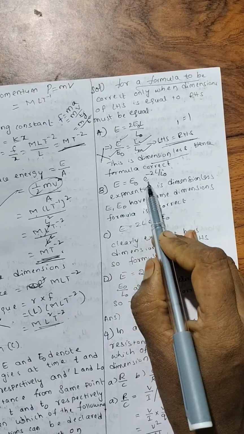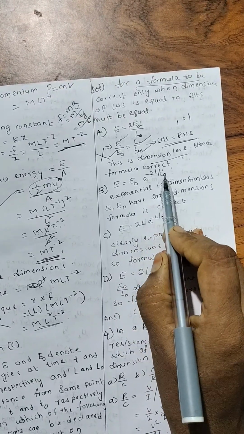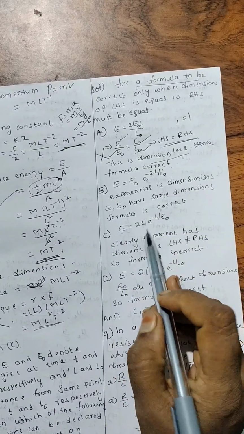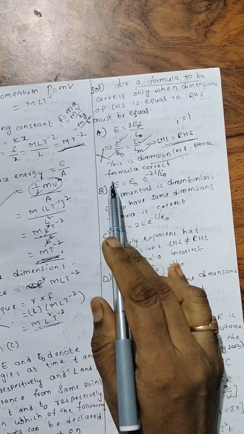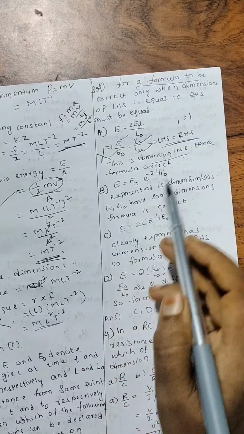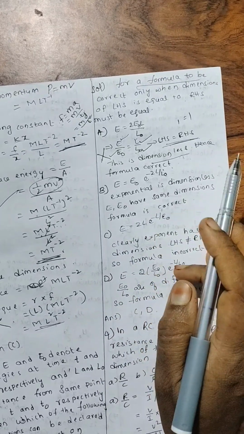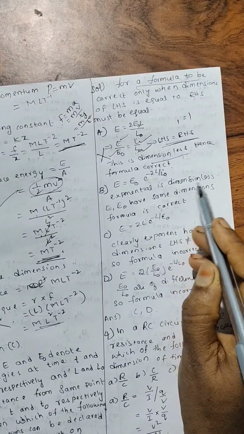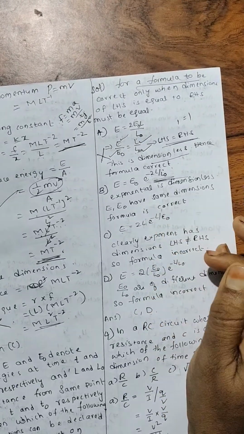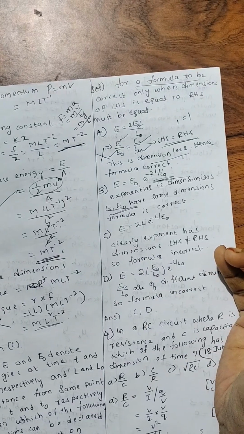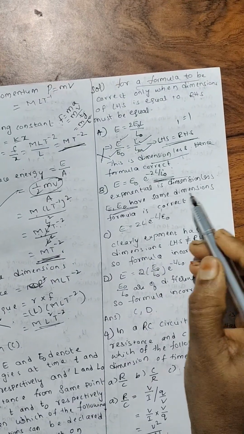E equal to E naught e to the power of minus L by L naught. See, E naught we are sending to this side. So E by E naught, energy by energy, they cancel. L by L naught, distance by distance, cancels. So the exponential term is dimensionless, and again they have the same dimensions, so they become dimensionless.